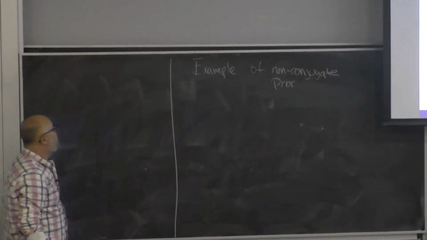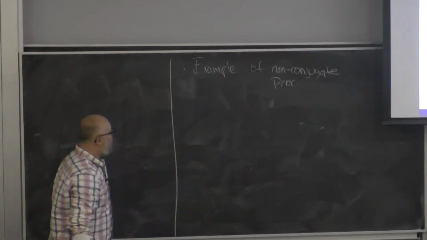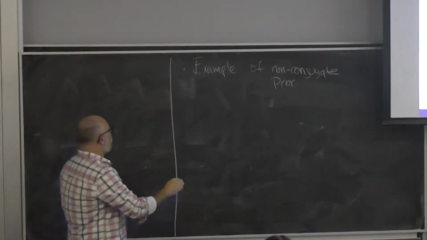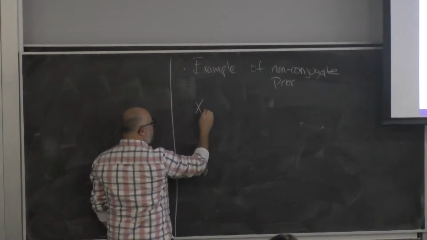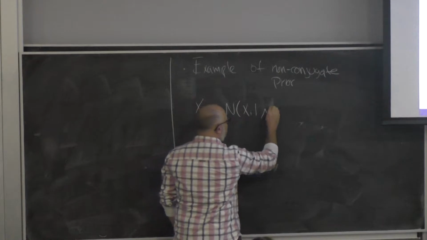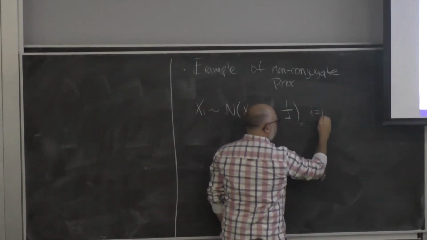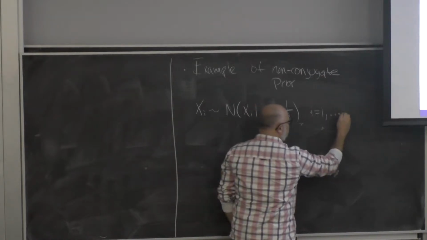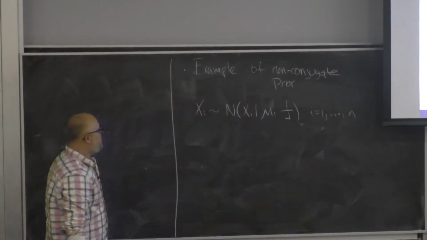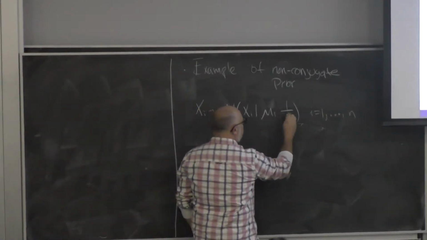This is an example just to see how this non-conjugacy brings some problems. Our bread and butter: we have data from a Gaussian distribution with unknown mean and precision.